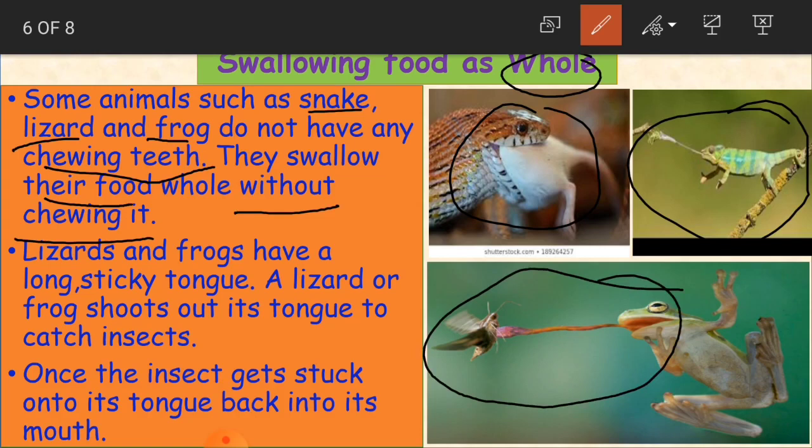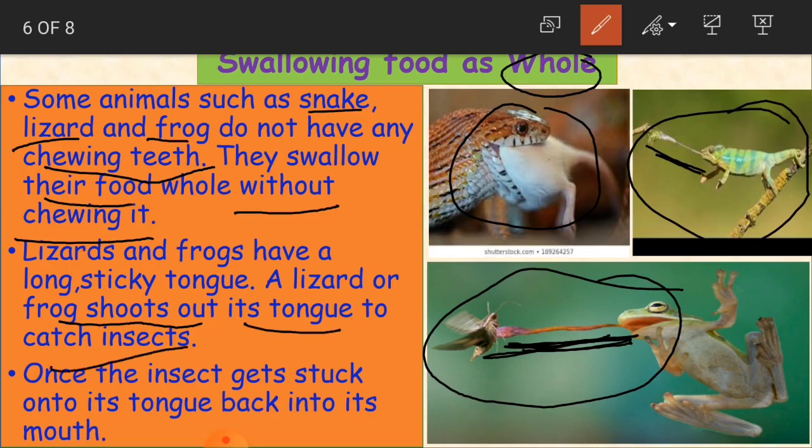So lizards and frogs, what do they have? A long and sticky tongue. See the tongue here, it is very long and it is sticky. Sticky in the sense it's like a gum substance. It is gummy. A lizard or frog shoots out its tongue to catch insects.